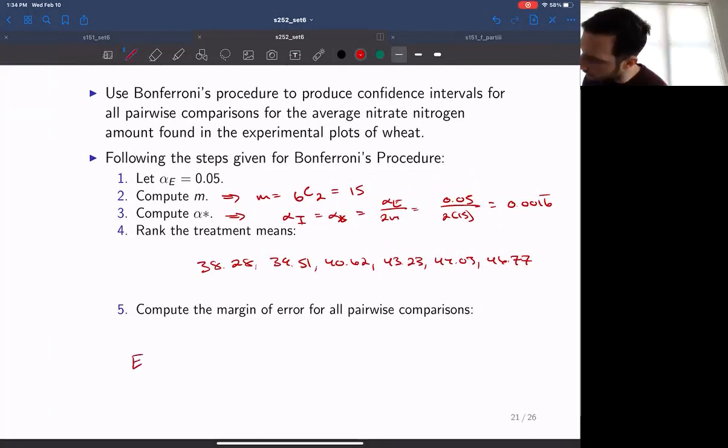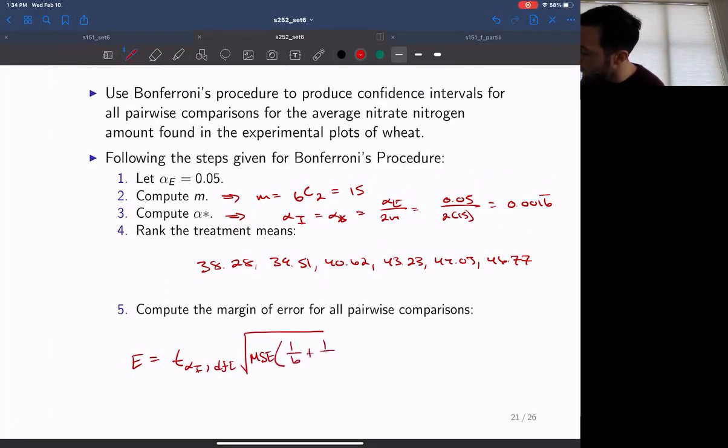The margin of error is going to be the same for every single comparison because again, we have the exact same sample size for every single treatment. So here we're going to have a t-value on alpha I, comma, DFE multiplied by the square root of MSE times 1 over B plus 1 over B.